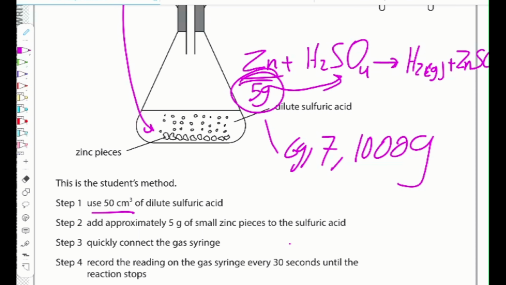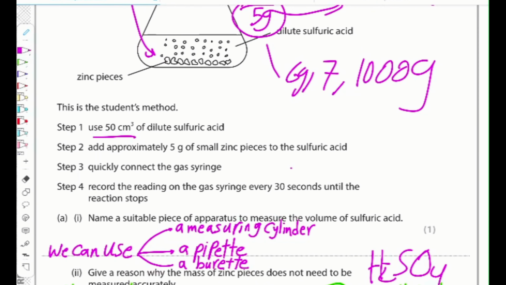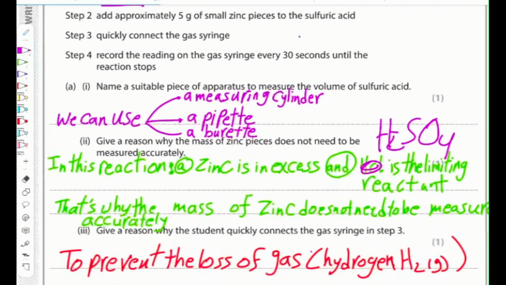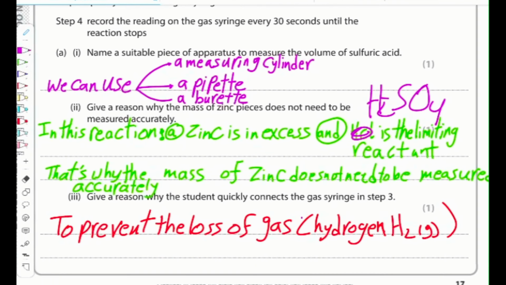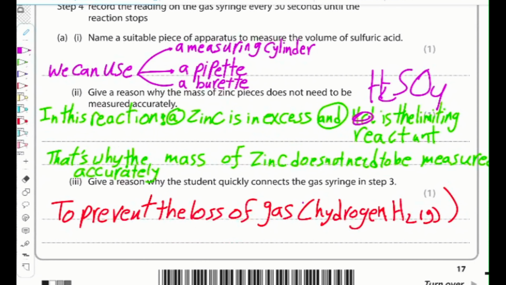So any extra amount I add more than 5 will be in excess. And as long as the zinc is in excess, measuring the mass of the zinc will be irrelevant. So we don't need to know its mass accurately. Let's move to the third question.